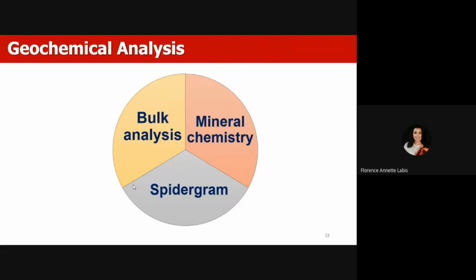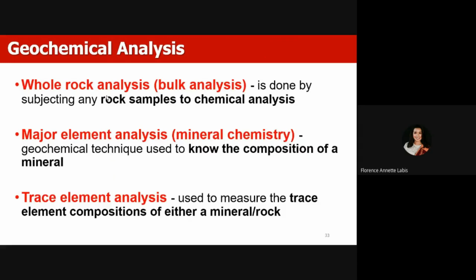The geochemical analysis allows us to further constrain the composition of your rock sample. It has three types of analysis: bulk analysis, mineral chemistry, and spidergram or trace element analysis.